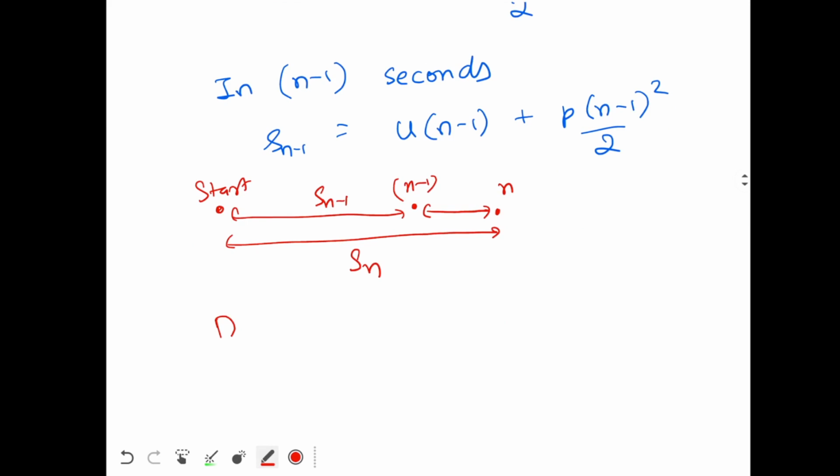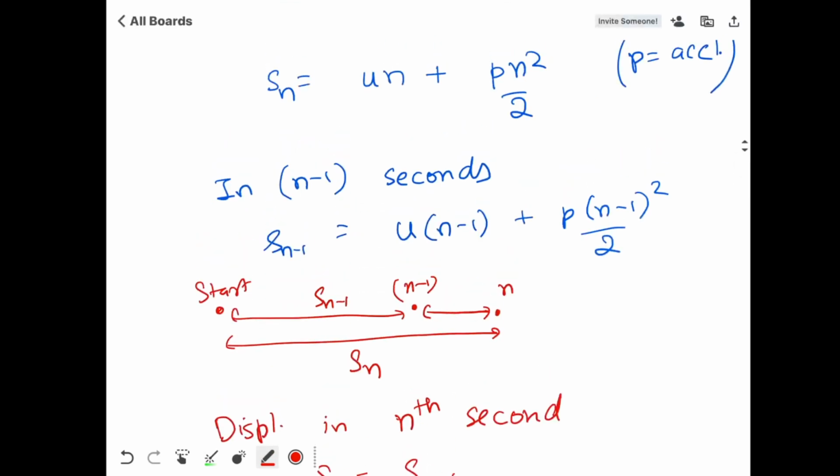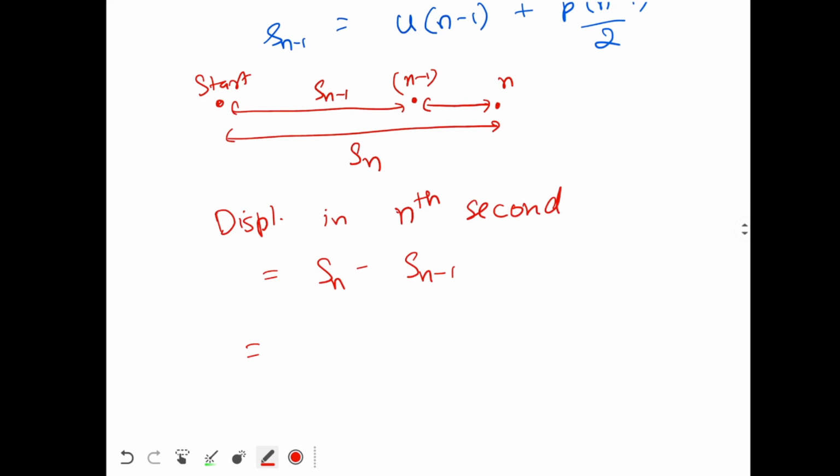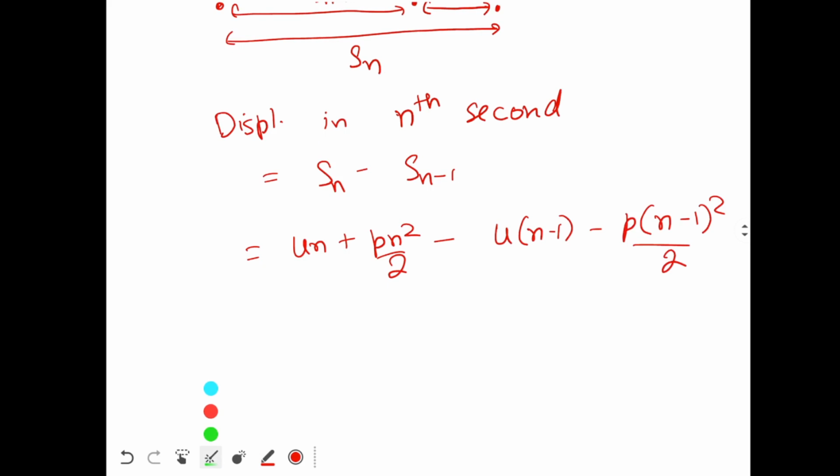So I can write down the displacement in the nth second as Sn minus Sn minus 1. So Sn is un plus pn square by 2, minus u times n minus 1, minus p times n minus 1 whole square by 2. So un minus un will cancel out.